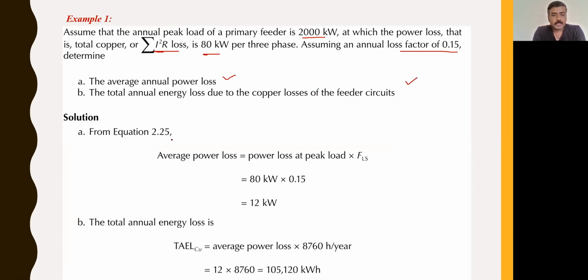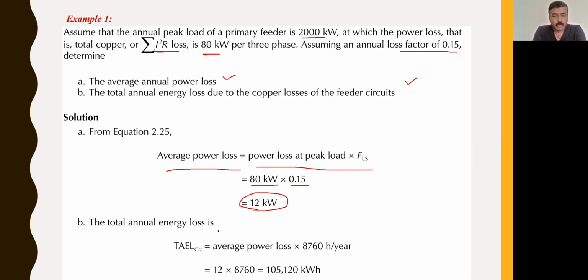From the previous expressions, we can obtain the average power loss as the product of the power loss at peak load and the loss factor. Power loss at peak load is given as 80 kilowatts and the loss factor is given as 0.15. By substituting these values, you get 12 kilowatts as the average power loss.